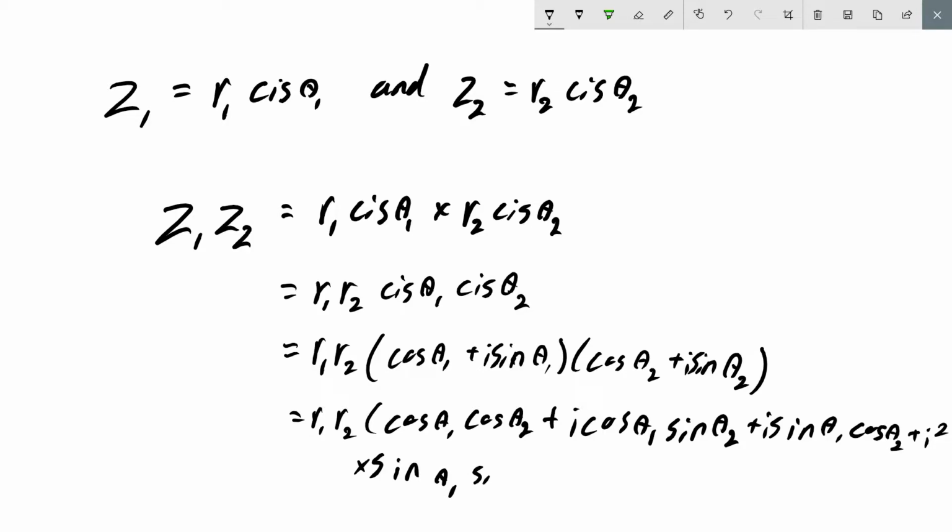And now we're going to collect the imaginary terms. So here, this is imaginary, this is imaginary. This here with this i squared, we can just turn that into a minus.